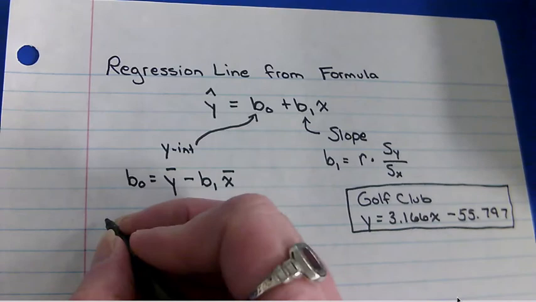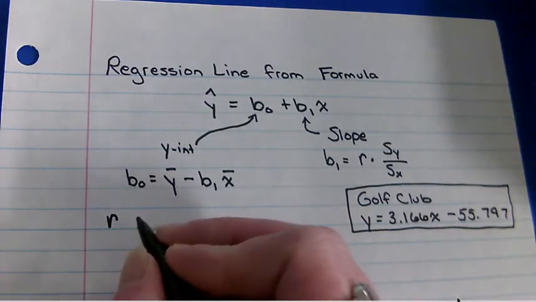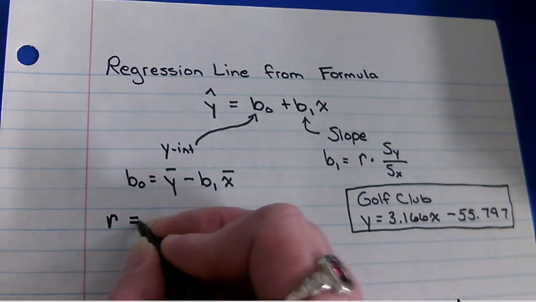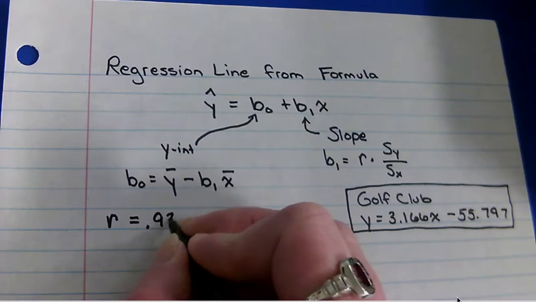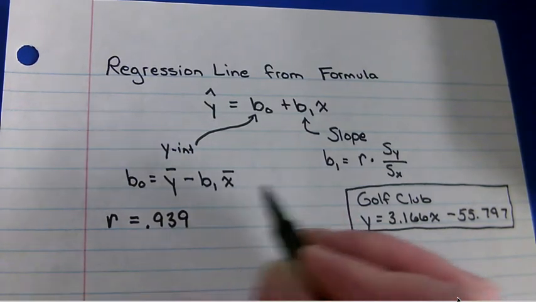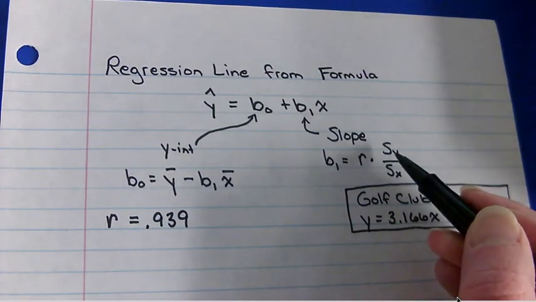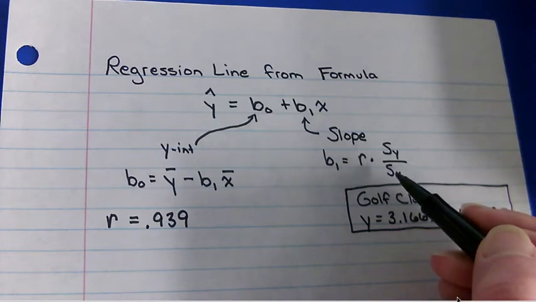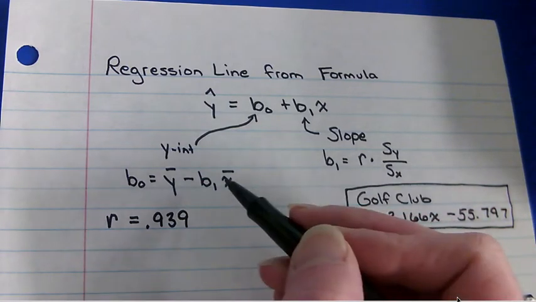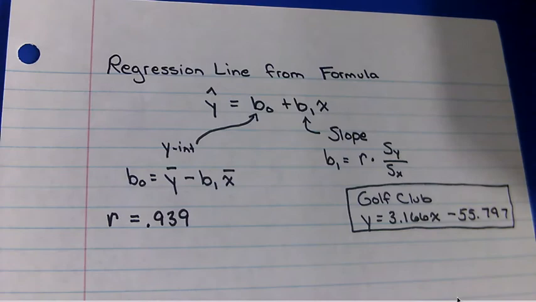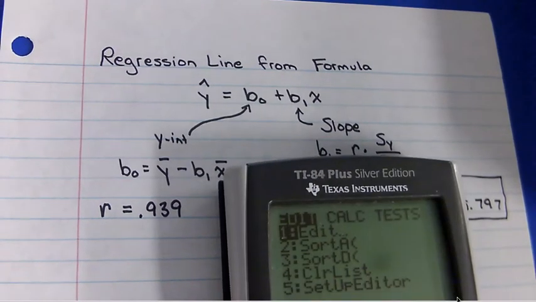We had also already found the correlation coefficient to be 0.939. Now we need these other pieces of information: the standard deviation of y, standard deviation of x, average of the x's, average of the y's. Well, guess what? We can find all those things in the calculator.